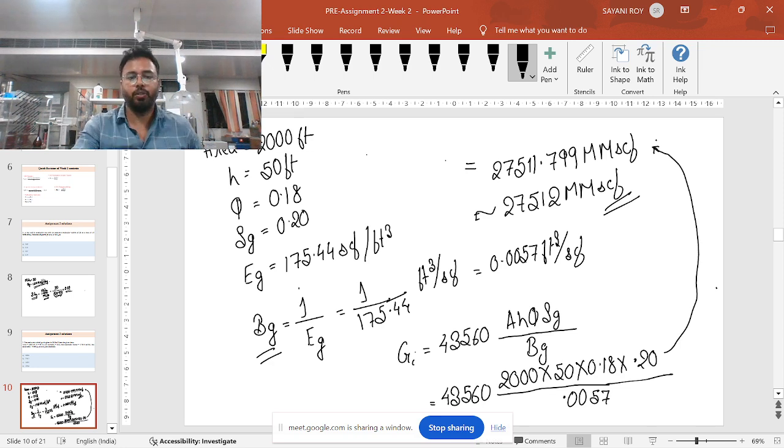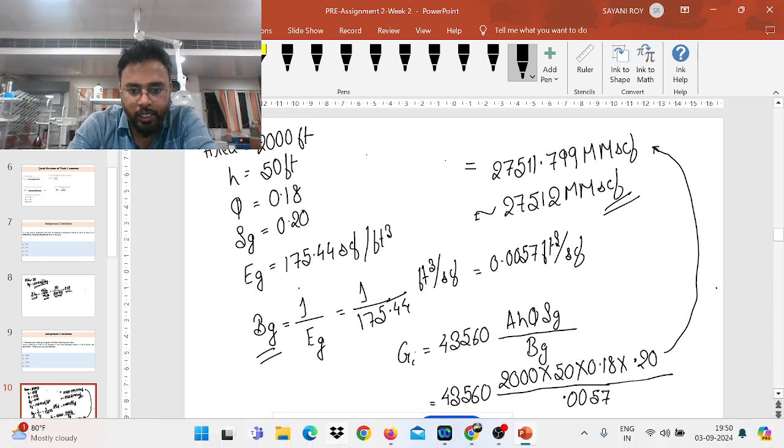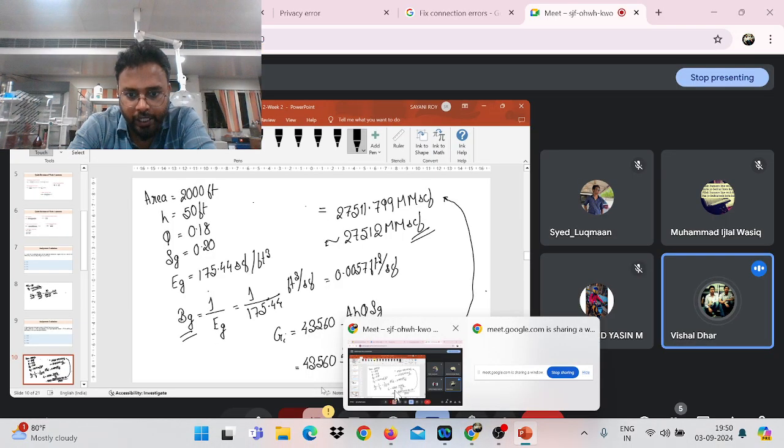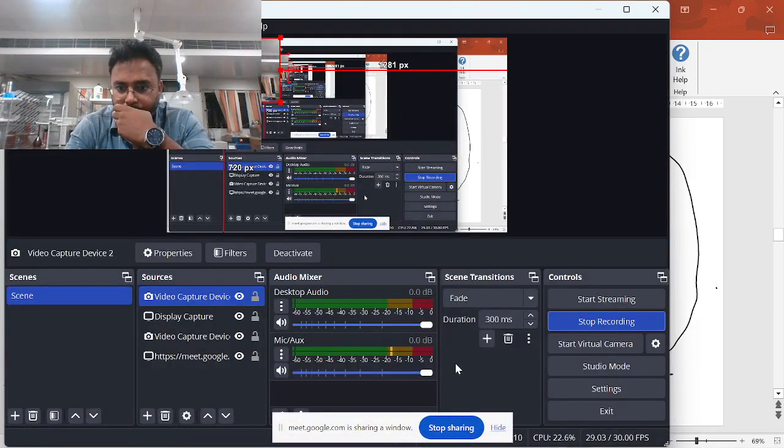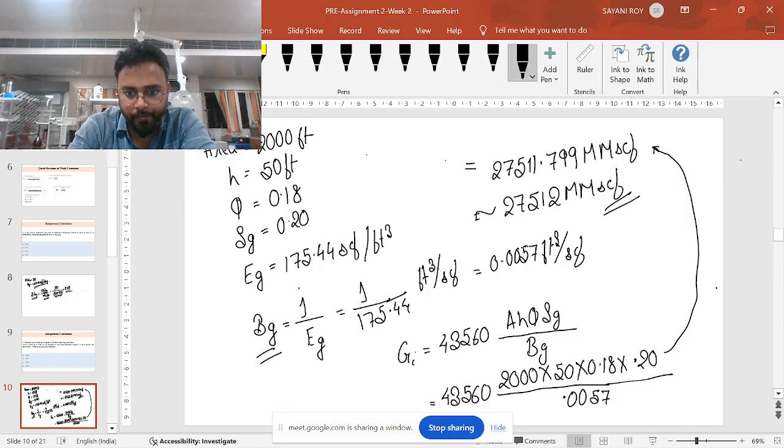So write down the solution, and after that we can go to the next question. Let me know once you have done writing this numerical, and then we can shift to the next question.